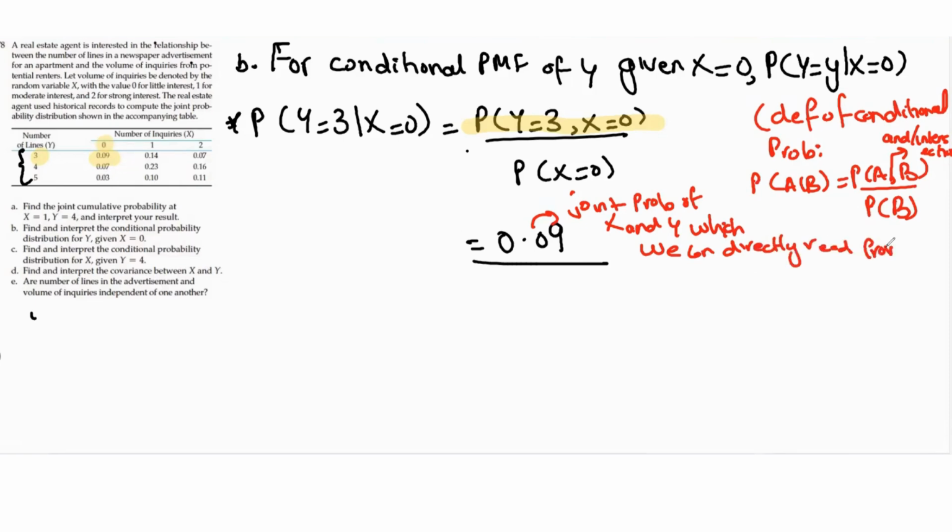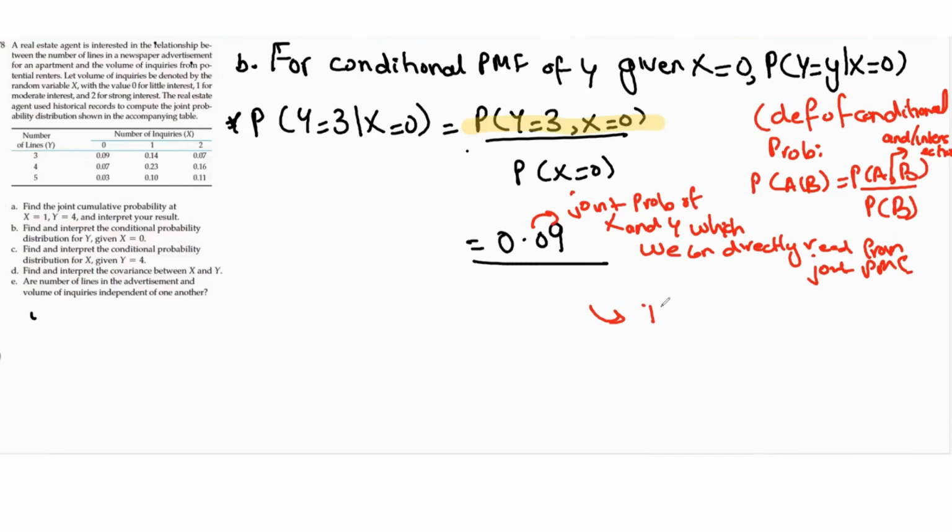It is essentially this value, the joint probability where Y is 3 and X is 0. Now let's look at the next thing. We want to find the probability X is 0. How will we find it?